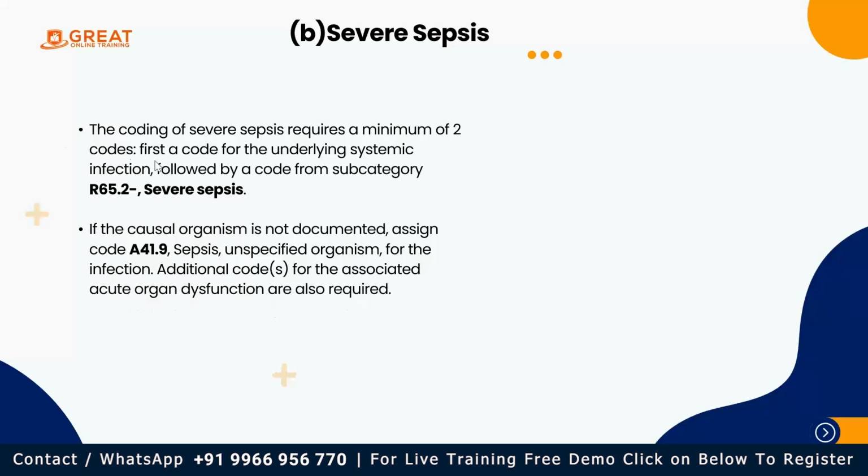So whenever severe sepsis is documented, or sepsis with associated organ dysfunction, we have to use the severe sepsis code. But while coding severe sepsis, we have to use the sepsis code also. If the causal organism is given, we code it accordingly. If not mentioned, we use A41.9 plus additional codes for the associated organ dysfunction.